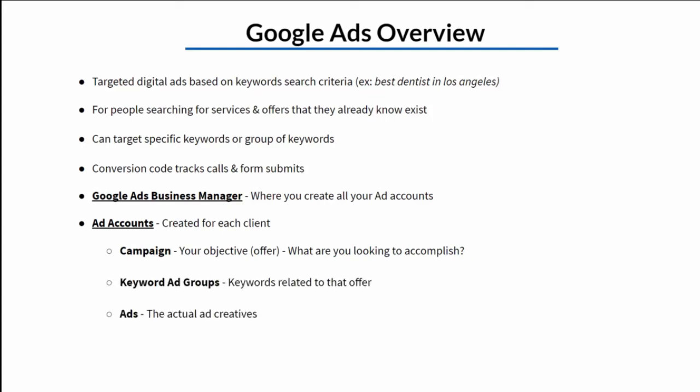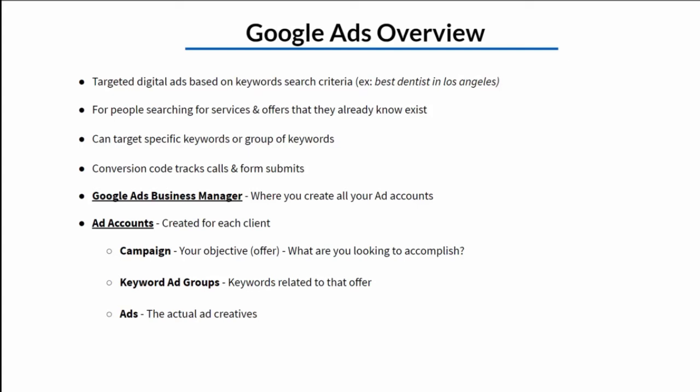And the keyword ad groups, these are where we're getting a little bit more specific. So just think about keyword ad groups where we're targeting different segments. So just think about home addition. So let's say somebody wants to add an extra room in their home. That's going to be an addition. Let's say somebody wants to get their deck remodeled or a whole entire deck created, right? That can be all under the realm of home remodeling, right?